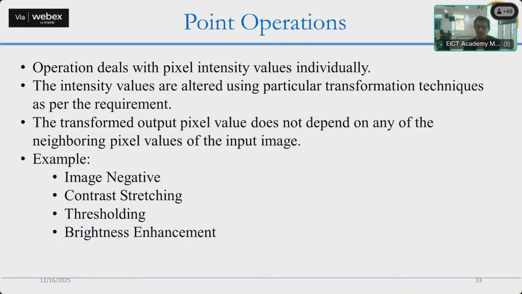The intensity values are altered using particular transformation techniques as per the requirements. The effect of that operation is that the intensity value gets changed. The transformed output pixel value does not depend on any of the neighboring pixel values of the input image. Whatever output you get does not depend upon a particular neighbor value.